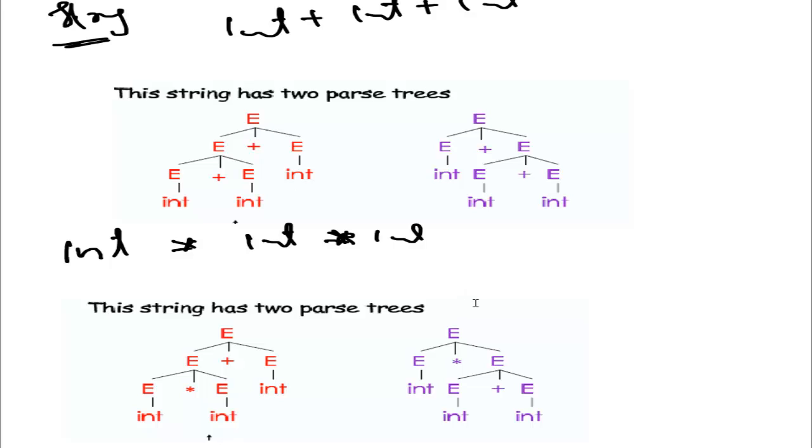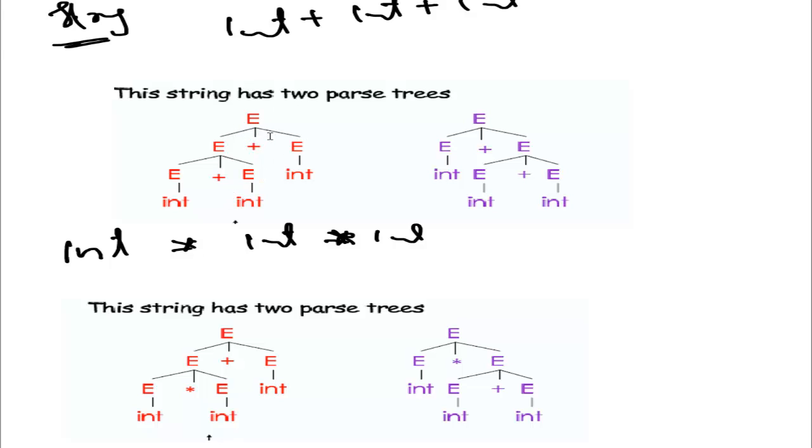The most direct method is to rewrite the grammar unambiguously. But the problem is that we are making the grammar more complicated. So let's try our hands at this. What's the problem here? We have two parse trees, but here we have what's called left associativity of plus.